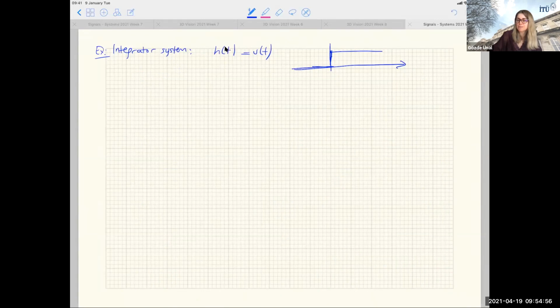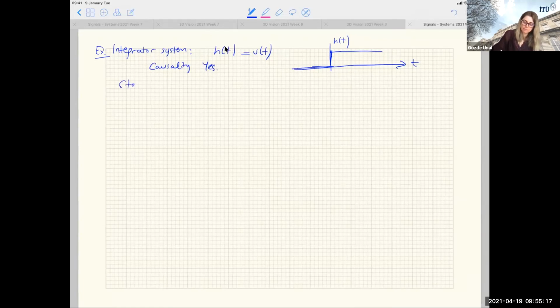Infinite, right? So that's why it's an unstable system, and actually intuitively integrator is unstable. It can blow up, right? If you keep integrating something forever, it may blow up. Here, causality, yes, for instance, but not stable.